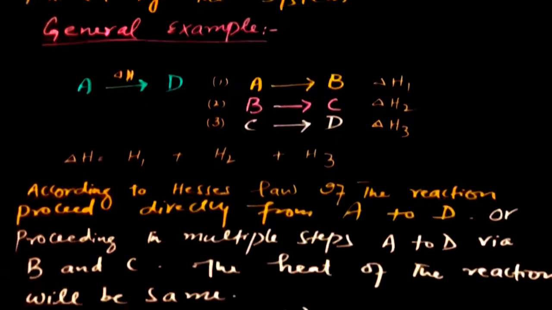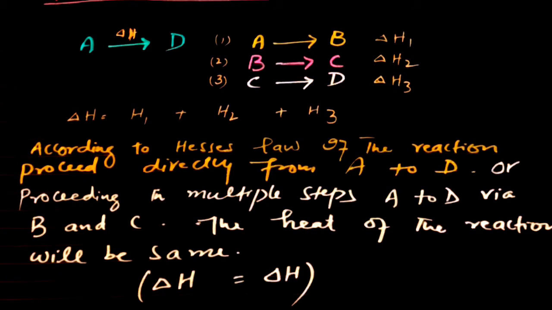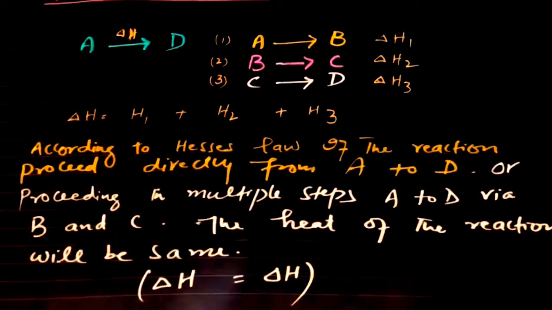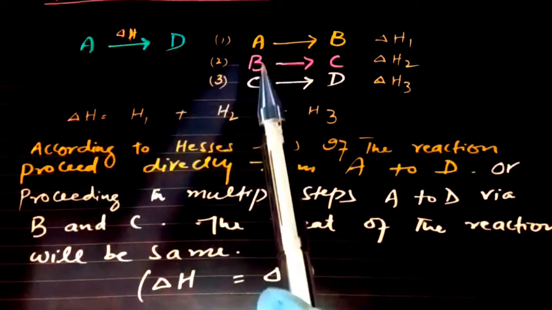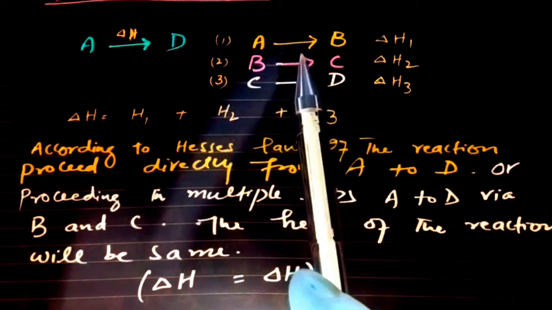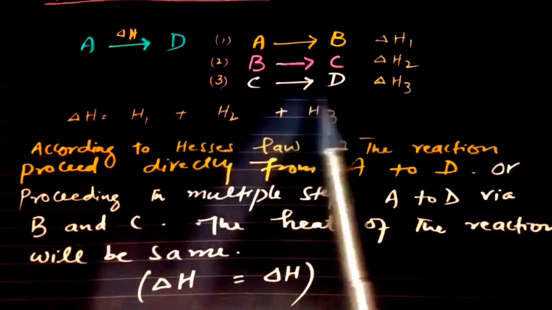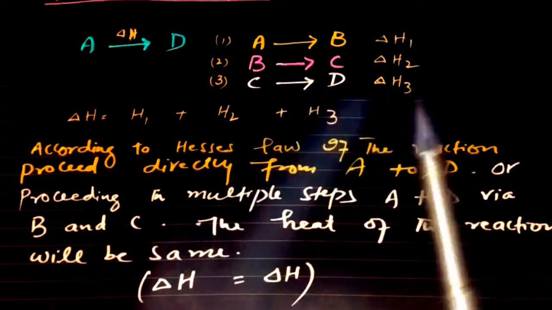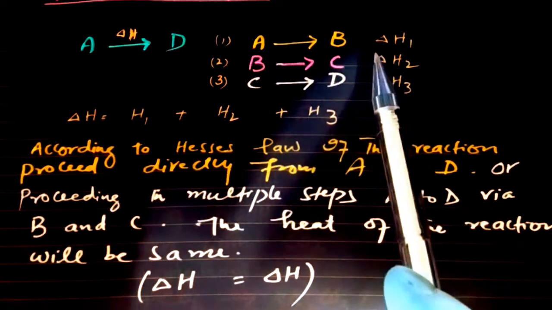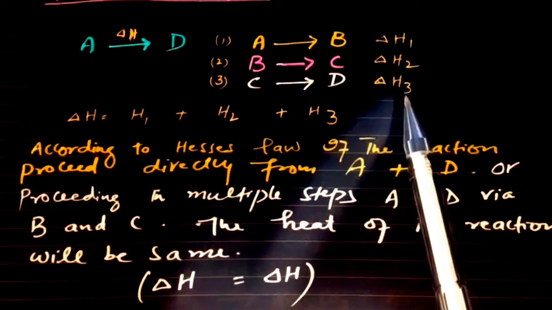A general example: if we want to convert A into D directly, there is a heat of the reaction in this process. The second method is if we want to convert A into B, the process occurring in multiple steps. Then B is converted into C and then C is converted into D. In this case, the heat of the reaction for reaction number 1 is delta H1, second is delta H2 and third is delta H3.